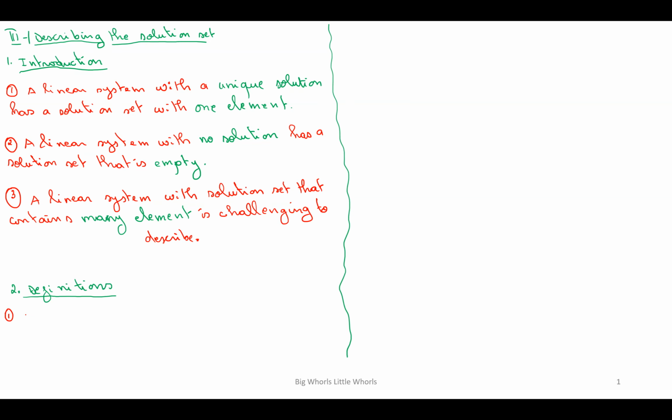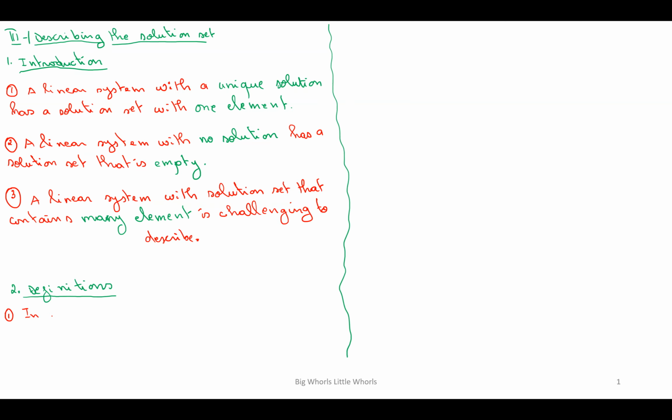We have also talked about the leading variables. Those are, in each row, the variable that is leading the row and that has a non-zero coefficient. Those two terms are very important. We have seen leading variables previously, and in this video we will see free variables, and we are going to use those two to describe the solution set of infinitely many solutions.